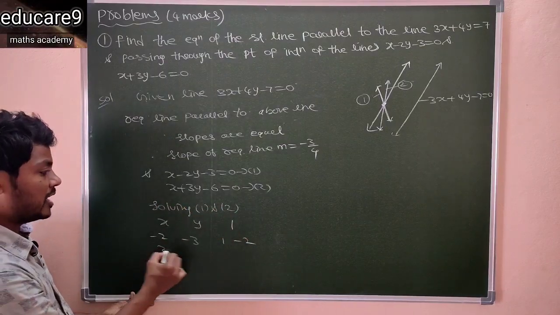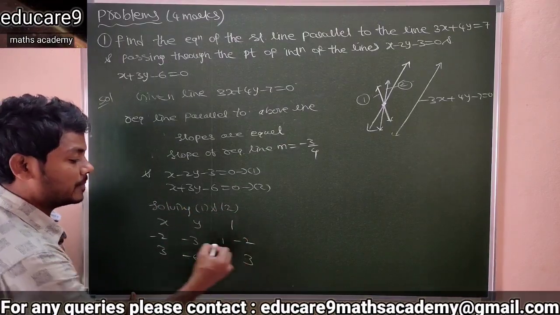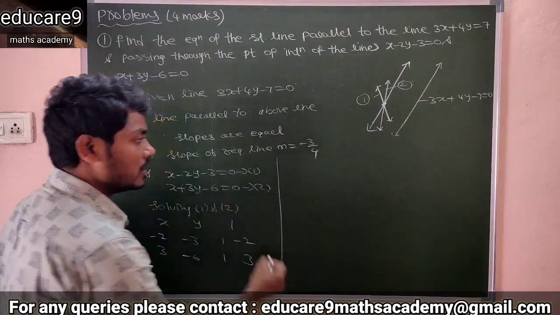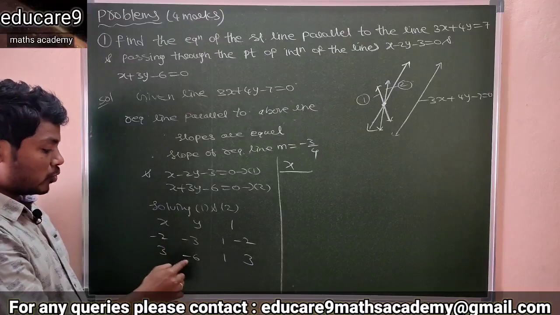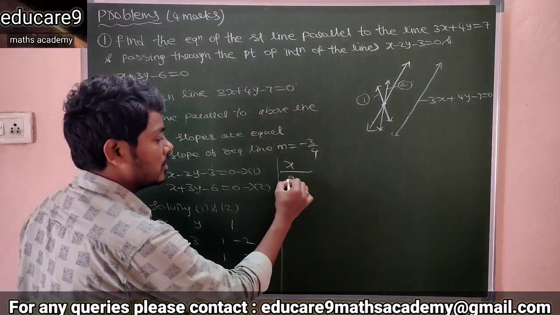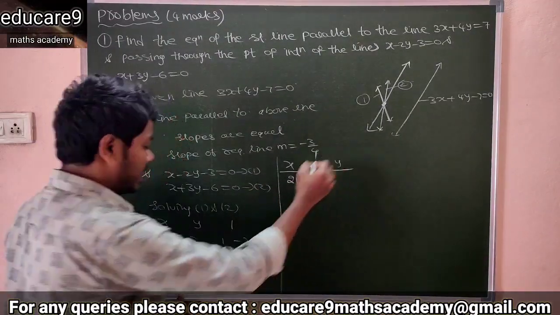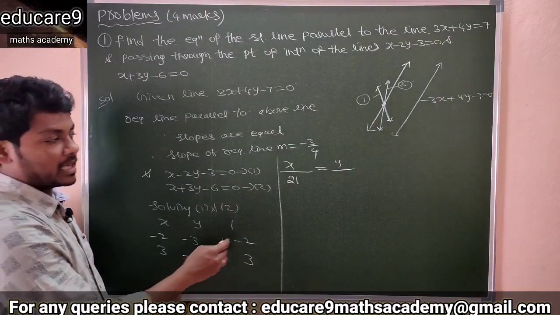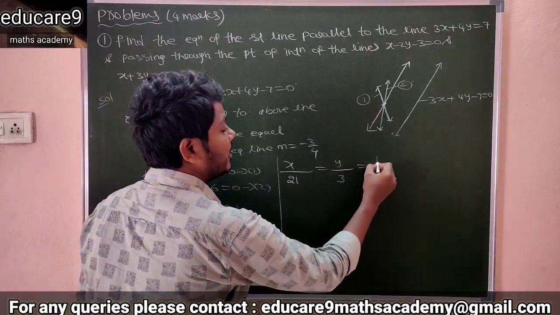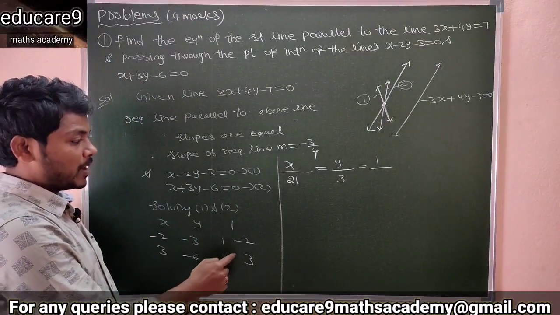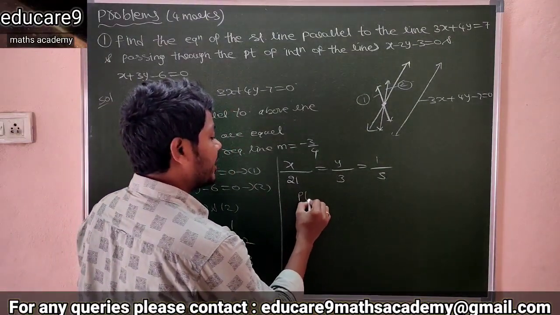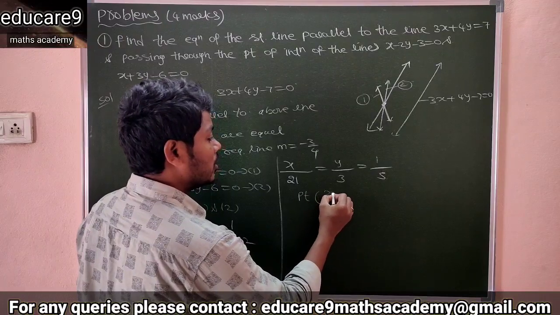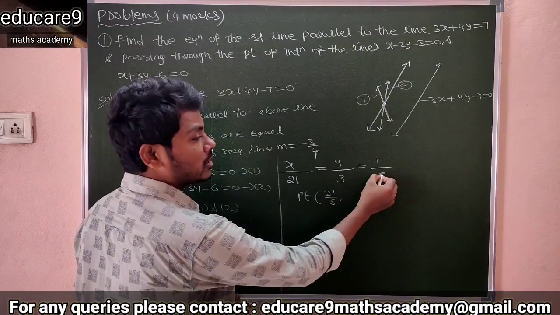Here also 3, minus 6, 1, 3. So x by 12 plus 9, that is 21, and y by minus 3 plus 6, that is 3, and constant by 3 plus 2, that is 5. Therefore the point is 21 by 5 comma 3 by 5.